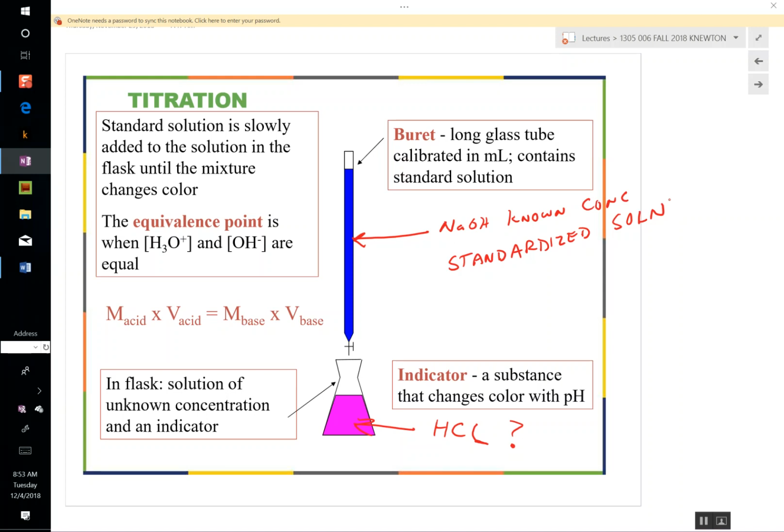So it's going to stay clear and colorless until it's no longer acidic. You're starting with an acid down here. And as soon as it is reverting to becoming basic, it changes colors. And that's when you stop the titration.